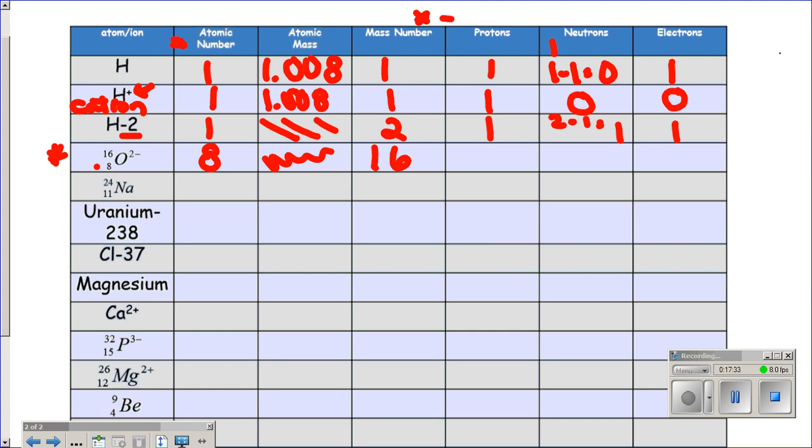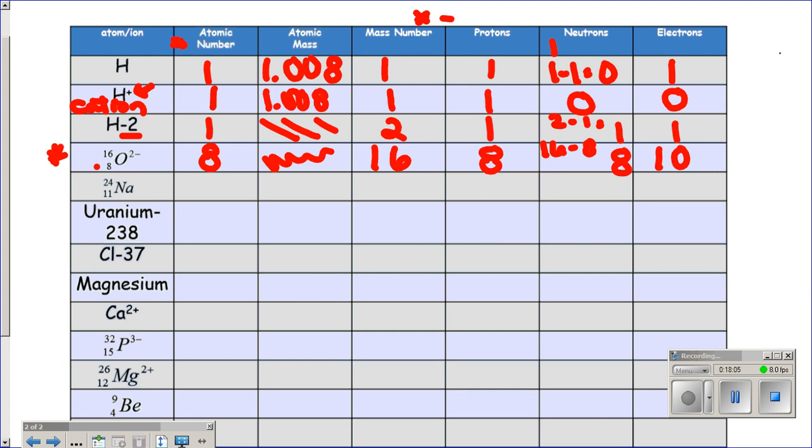The number of protons is equal to the atomic number, 8. Neutrons, 16 minus 8, mass number minus atomic number. That gives us 8. Now the electrons here, we have a 2 minus charge. What that is telling us is that there are two more electrons than there are protons. And since we have 8 protons, that means that we have 10 electrons.